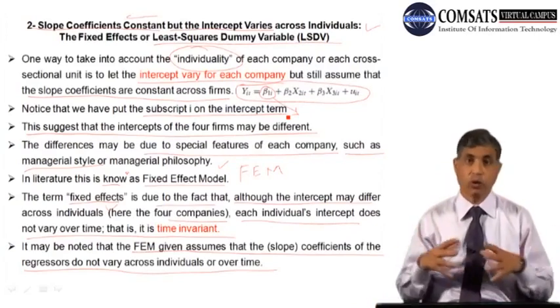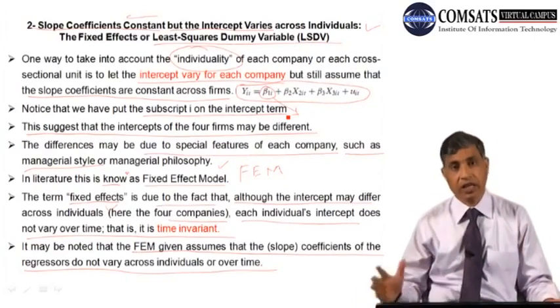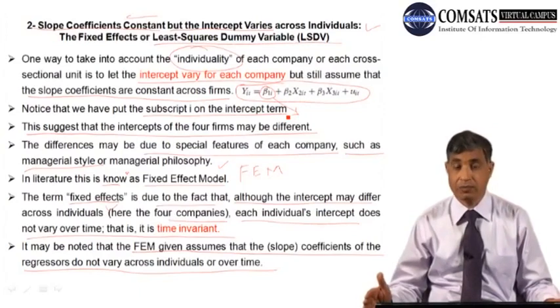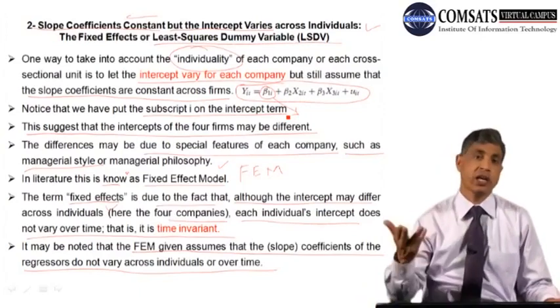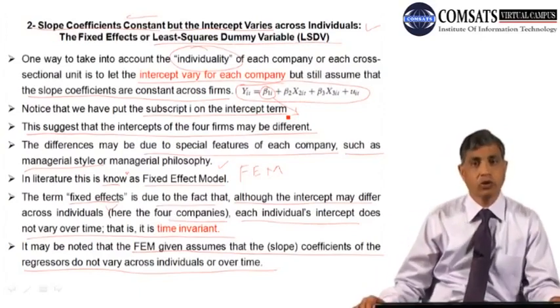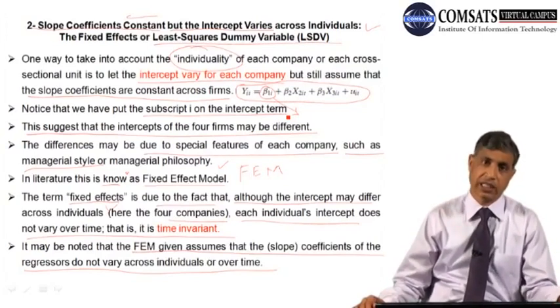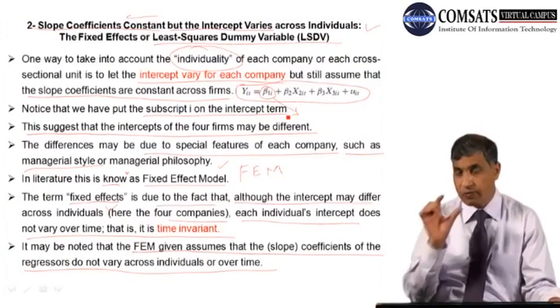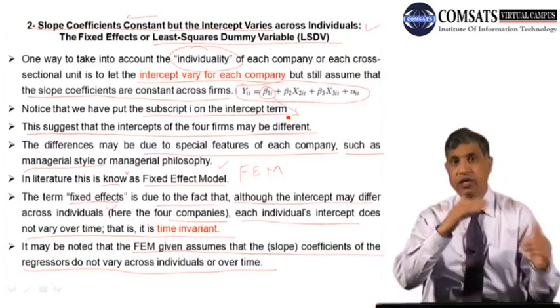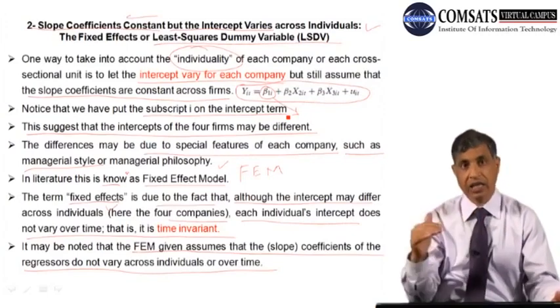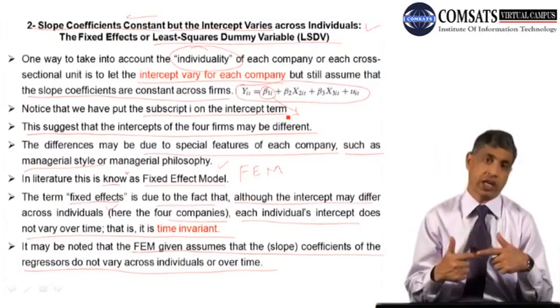Then we talked about what our concern is. Our concern is only the balanced panel data. The other names for panel data are micro panel data, or pooled time series, or simply panel data. Balanced data means data is available for all the cross-sectional units for equal time limits.